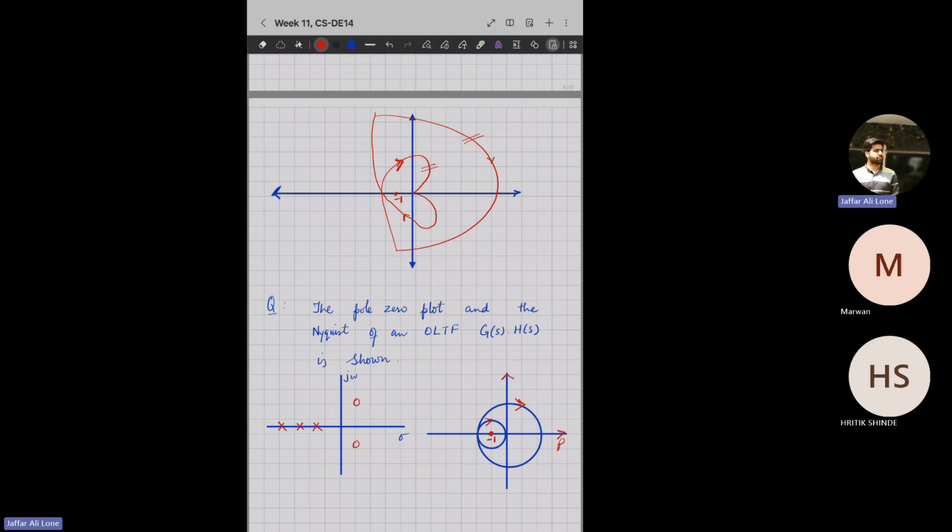So this is the real part, and this is the imaginary part. So we are actually seeing the encirclement of the -1, 0 point. So that means it's mapped in the G(s)H(s) plane.